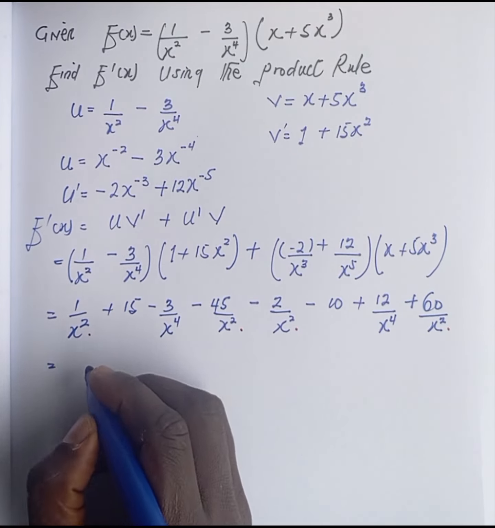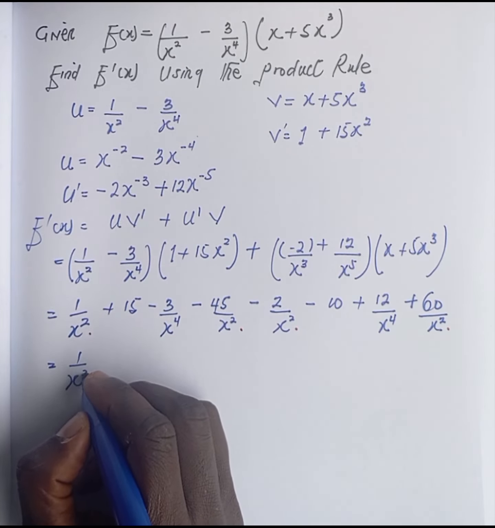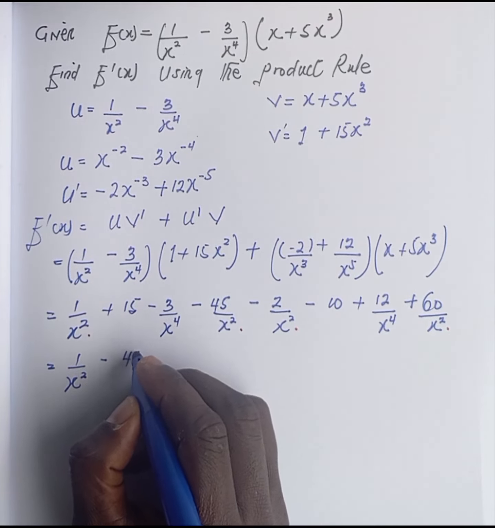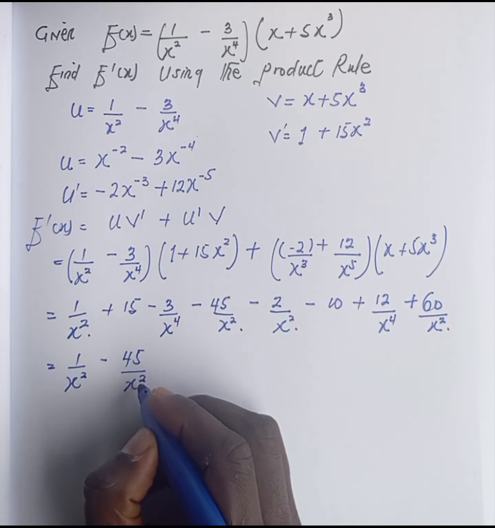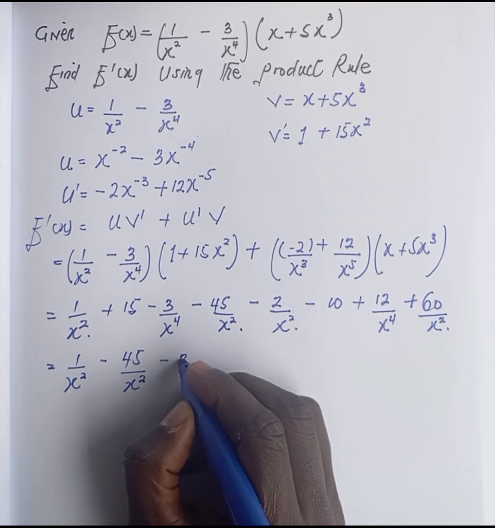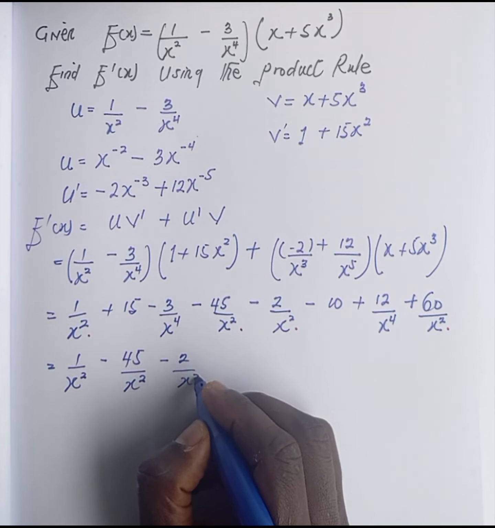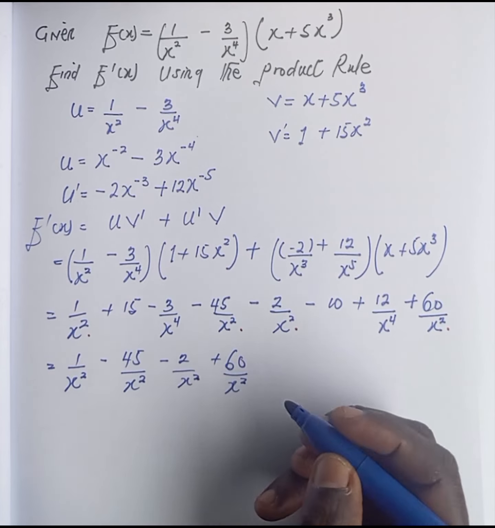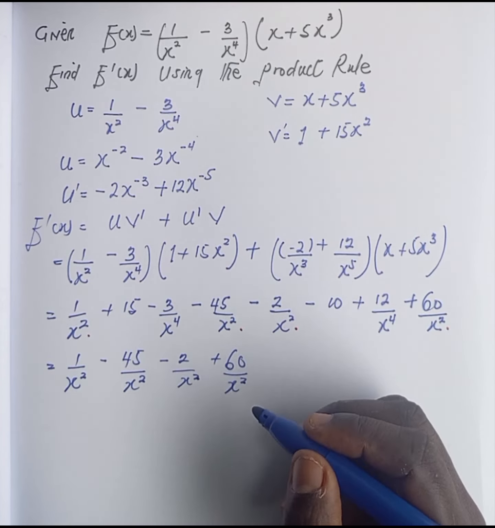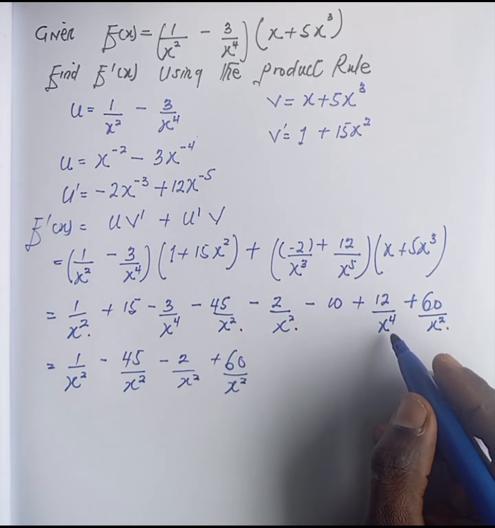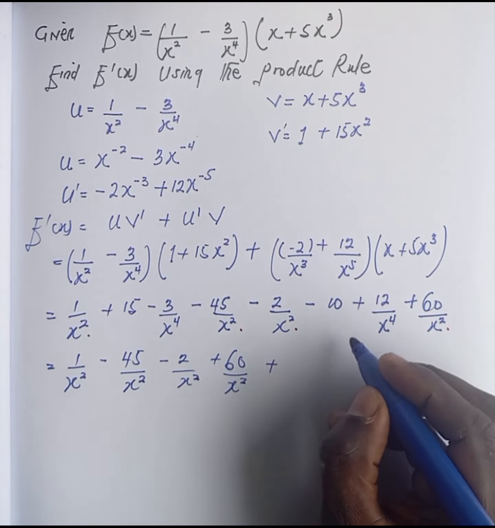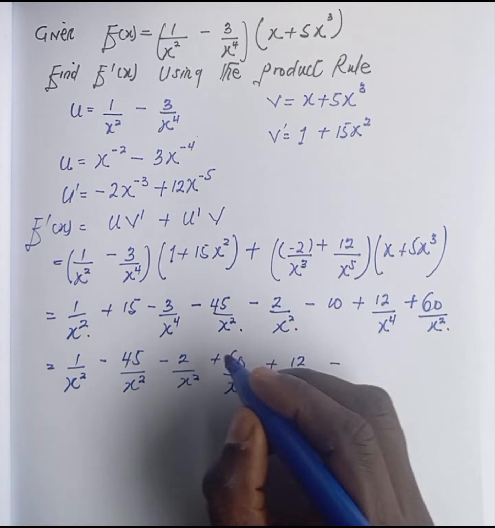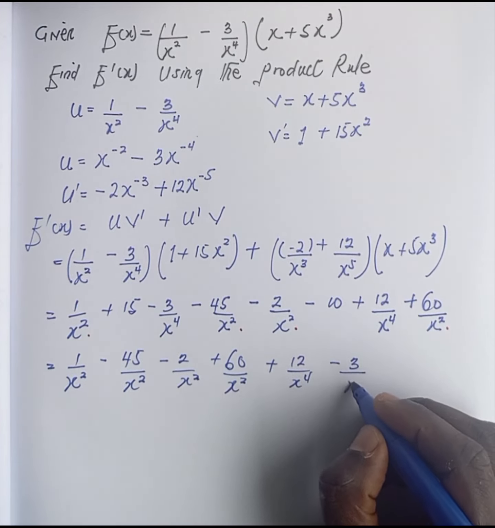We are going to get 1 over x squared minus 45 over x squared minus 2 all over x squared plus 60 all over x squared. And then we can group those with x power 4. So we are going to get plus 12 over x power 4 minus 3 over x power 4.